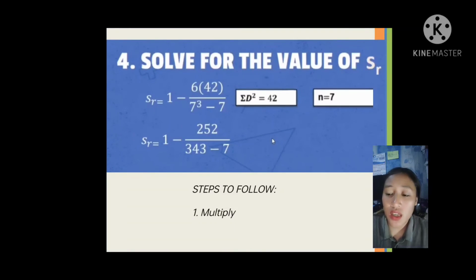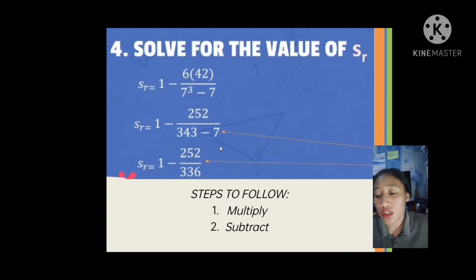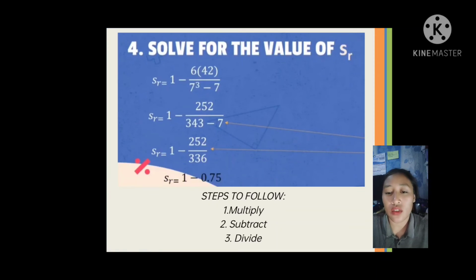So 6 times 42 is equal to 252 over 7 times 7 times 7, which is equal to 343 minus 7. The second step is subtract on the denominator. So 343 minus 7 is equal to 336.